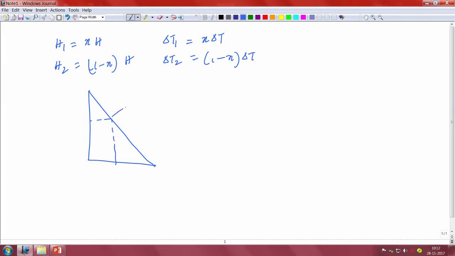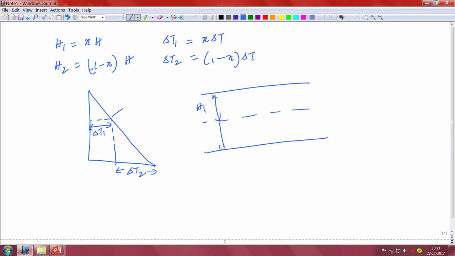This is your delta T1, this is your delta T2, and this is the division. This is H1, this is H2, and this is the partition, and this is the total H.